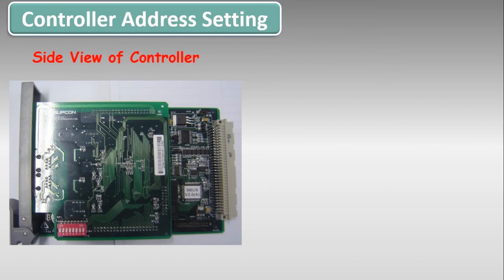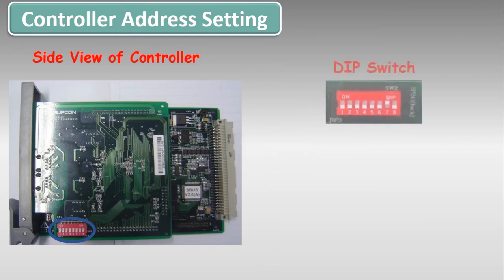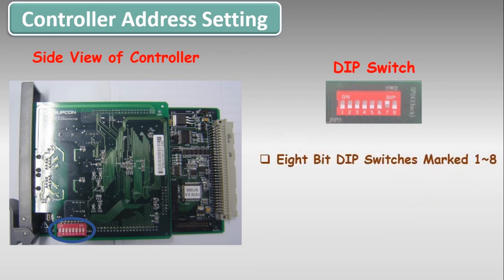Now we see the address setting of the controller used in the IP address by the DIP switches. As you are seeing the side view of the controller, you will see the DIP switch of the controller. Let's see the features of this DIP switch. This is an 8-bit switch marked 1 to 8. We use binary coding for setting the IP address on these switches.